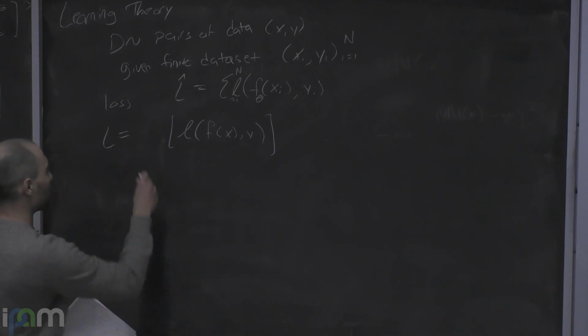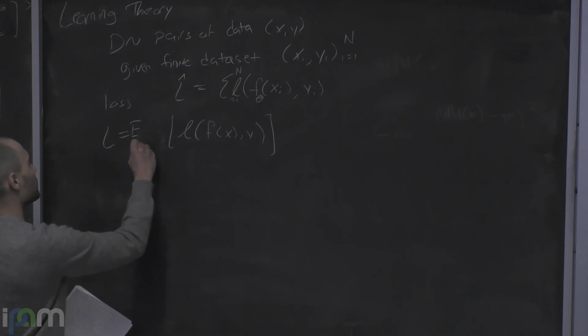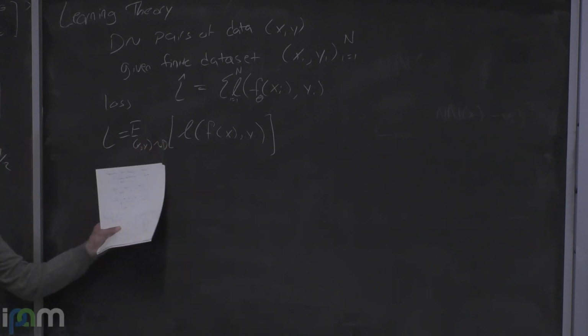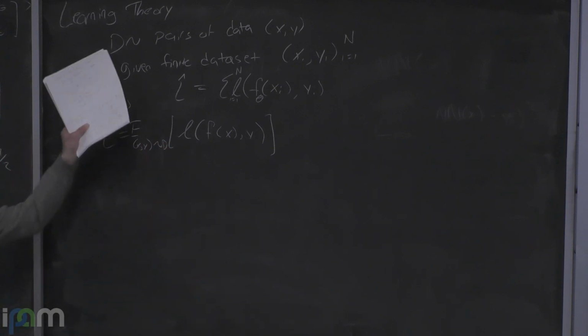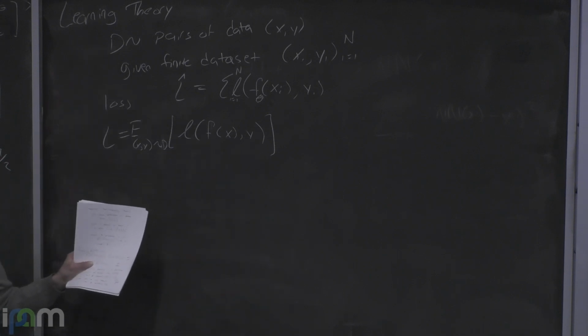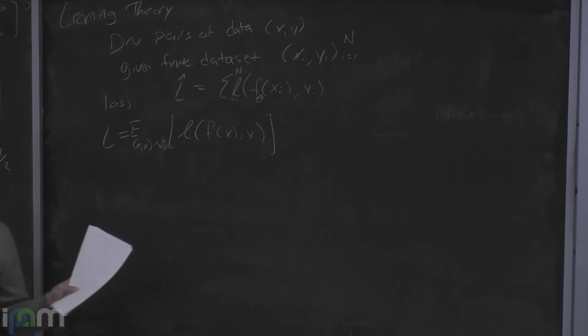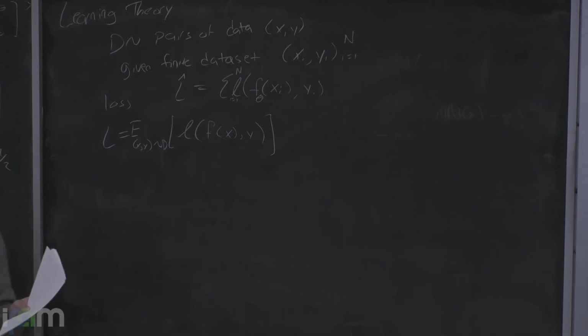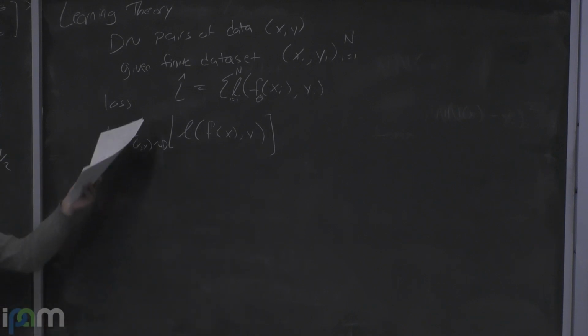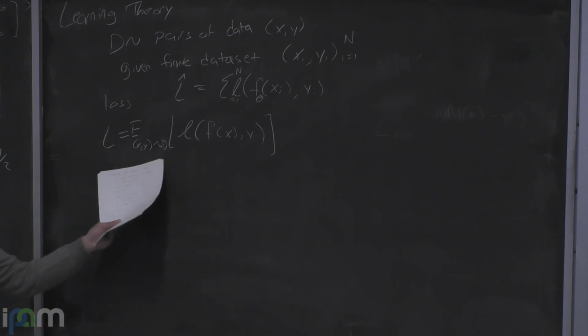We have some (x, y) which is distributed according to D. So we get pairs according to this distribution. We take the expectation over the whole distribution, and we want to measure this loss. This is our true error, sometimes called test error, and this is what we really care about. We don't just want to minimize our data set. We want to minimize the function itself. But this is a problem. We don't have access to D.